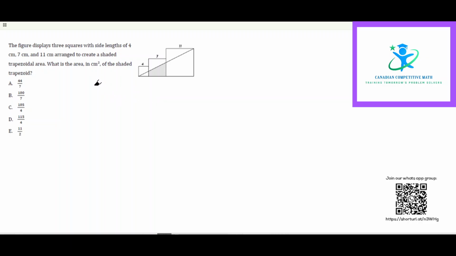Okay, let's start. For the sake of clarity, let us name the points: this edge as A, this corner B, C, D, E, F, and G. If we look at these triangles, let me draw the biggest triangle, the triangle ADE.